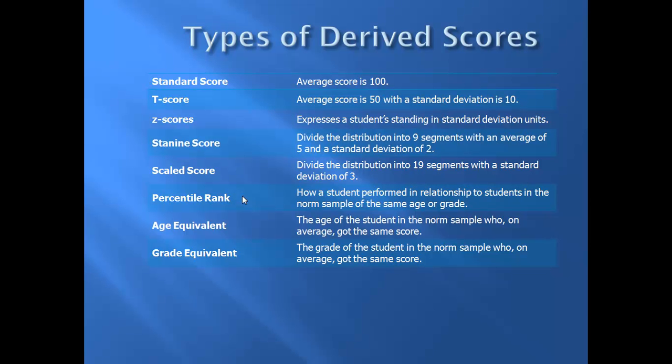Then you have the age equivalent. The age equivalent is very important because that is actually the score that you want to look at, because age is not something that can be controlled by you or by someone else. It is not a controllable variable. When you have an age equivalent, you're looking at how student A, who might have a disability, compares to student B, who has been diagnosed as having a disability, to student C, who has not been given any diagnosis whatsoever, to student D, who might have a gifted IQ.